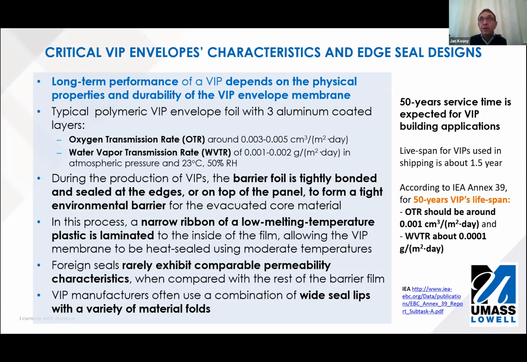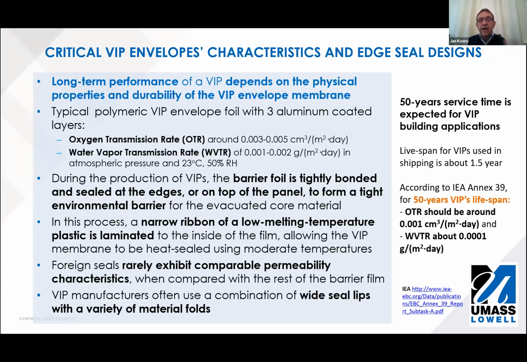For example, a shipping container is used like 15 to 20 times within probably 1 year, maybe a year and a half. A building component is used for the lifetime of the building, and it is usually not lower than 50 years. And you can see I listed on the right side IEA requirements for the permeability of the membranes for vacuum panels, considering a 50 years lifespan.